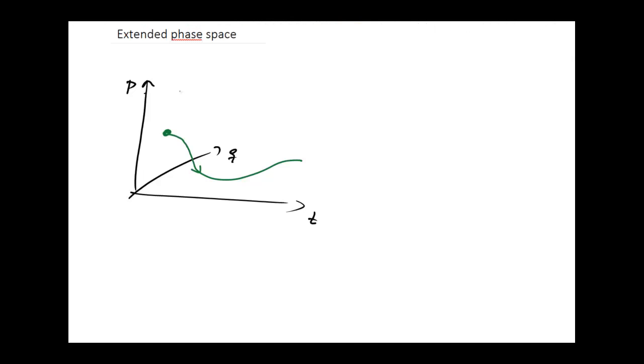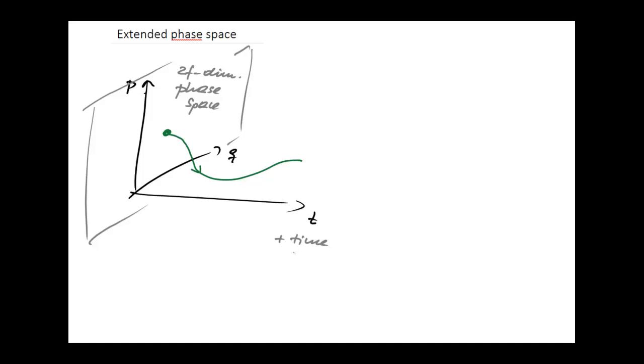So here we have, in general, the 2f dimensional phase space here, and then plus the time coordinate.